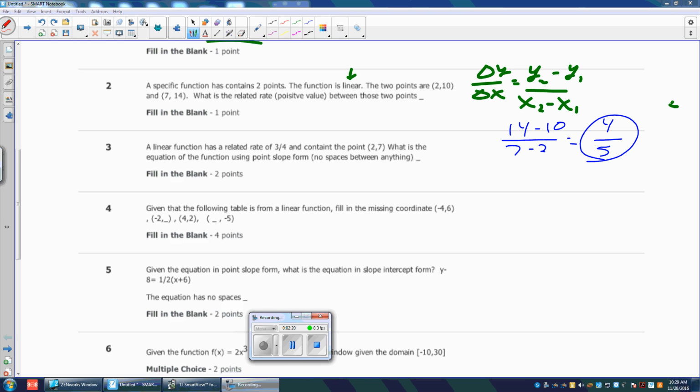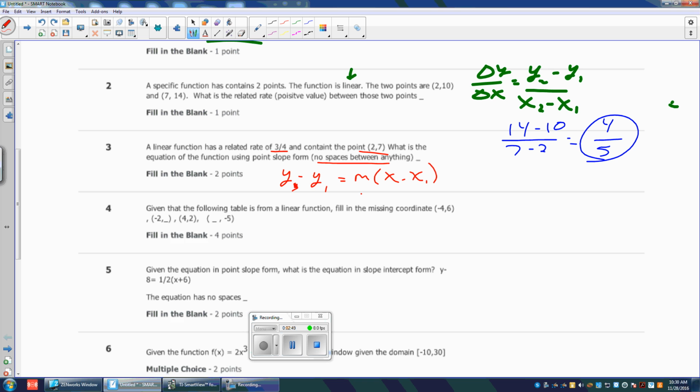Number 3, a linear function has a related rate of 3/4 and contains the point 2, 7. What's the equation of the function using the point slope form? No spaces between anything. Okay, this, like I said, is very handy. y minus y1 equals m(x minus x1). So we have the given point, and that's going to be the y1 and the x1.